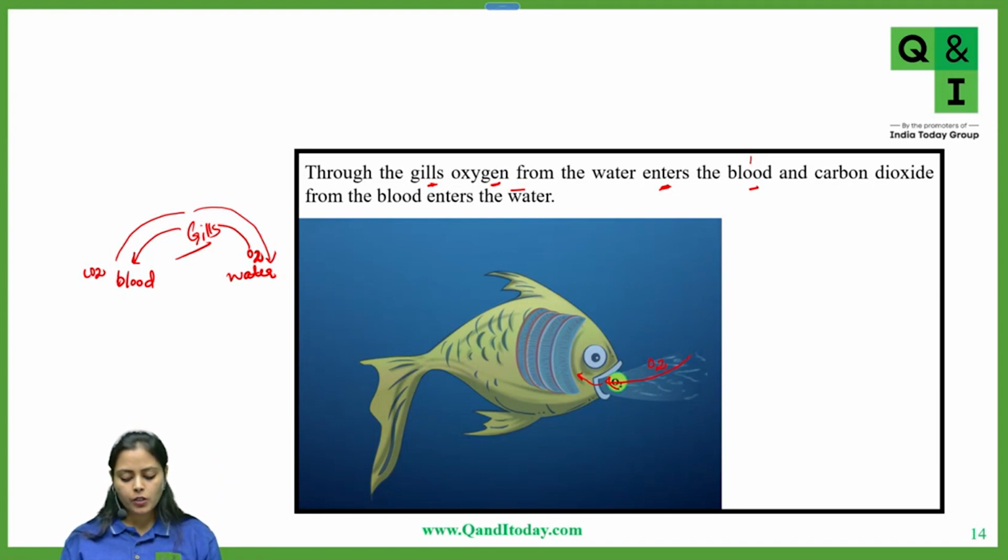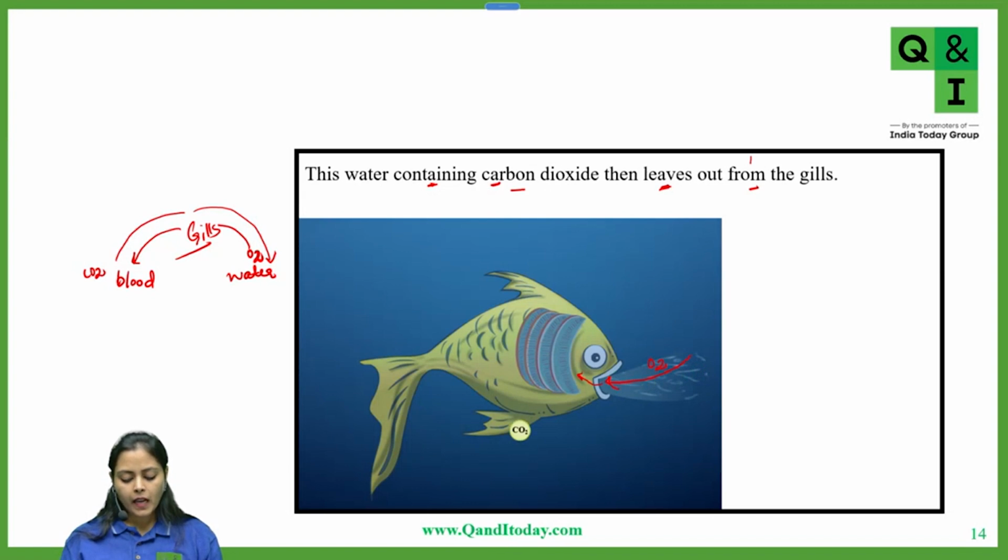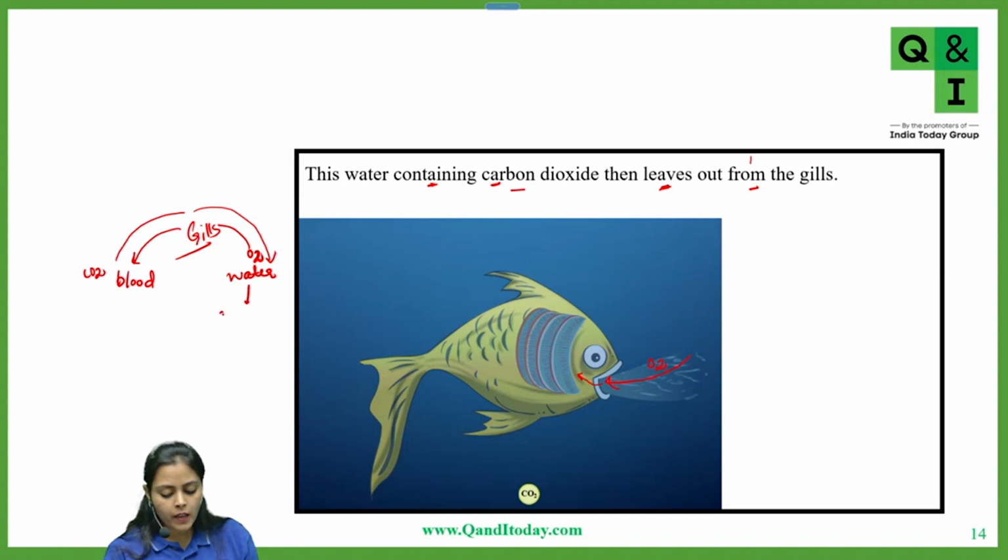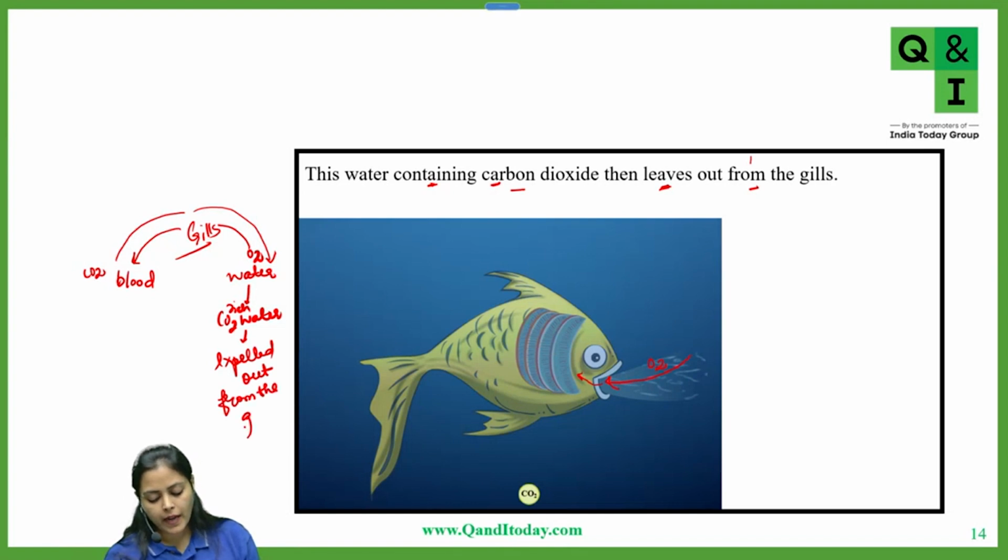You can see oxygen-rich water is going inside, and now this water will have carbon dioxide in it, carbon dioxide-rich water, which is then expelled out from the gills. So that's how this process is occurring. The oxygen-rich water enters from the mouth, and finally carbon dioxide-rich water is made to exit from the gills.